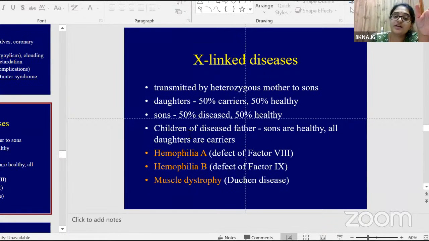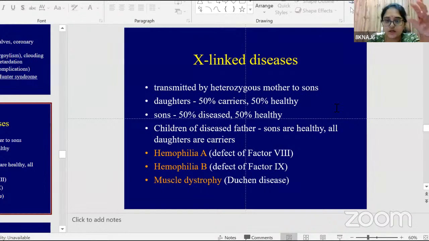Sons, 50% diseased, 50% healthy. Because the son is going to get the X from the mother and the Y from the father. If the mother is a heterozygous carrier and she passes the recessive X to the son, then the son will be diseased. So there is a 50% chance for the son to be diseased.